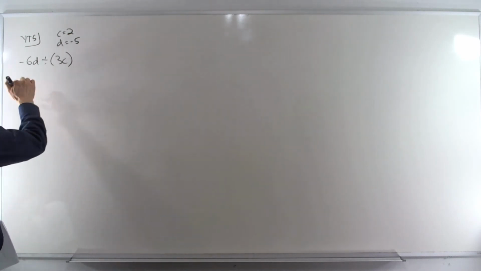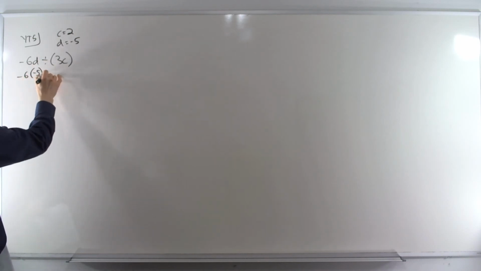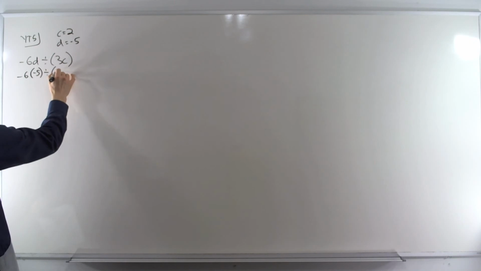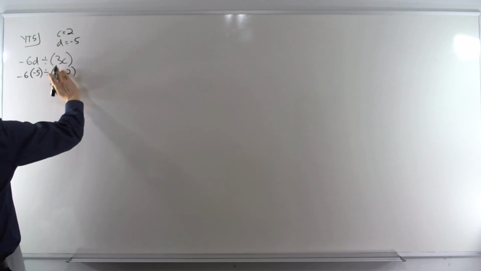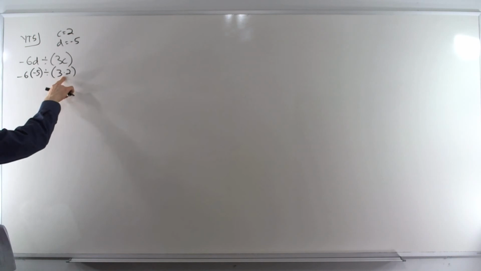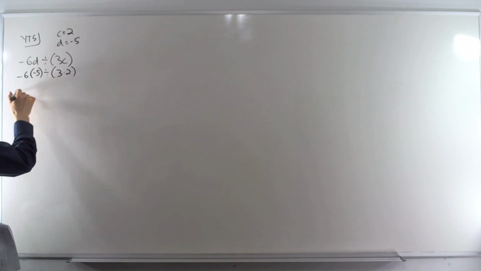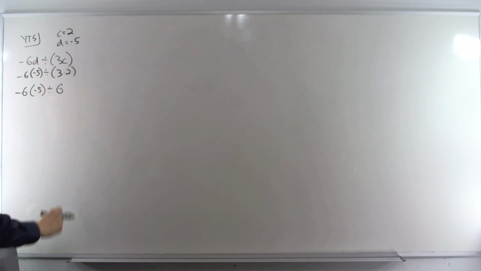So let's plug in. We got -6 times d, so plug in a -5 there, divided by 3 times 2. Order of operations says inside the parentheses first. -6 times -5 divided by 6.